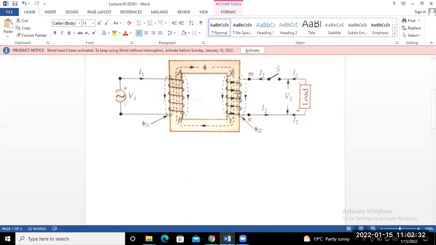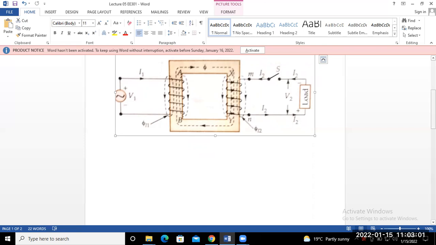In this EMF, after the drop due to the resistance and reactance of the secondary side, we get the secondary terminal voltage. So the secondary terminal voltage is nothing but the EMF induced in the secondary coil minus the voltage drop due to the resistance and reactance of the secondary coil, is it not?